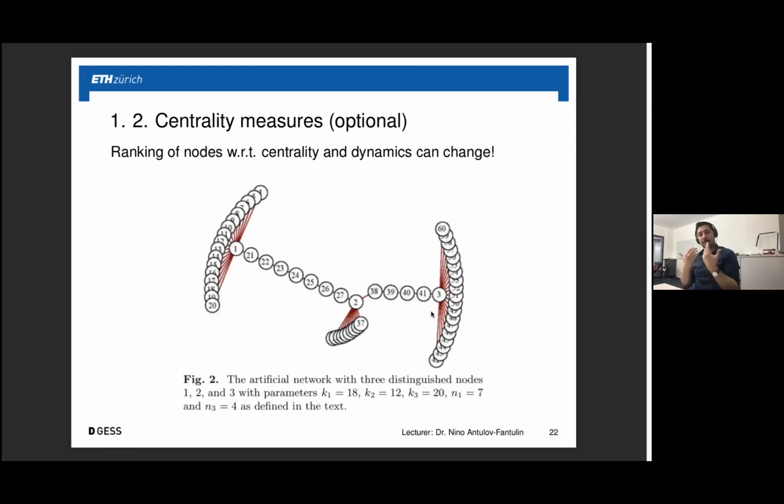This is for sure a synthetic example, but the point was to show you that rankings do not need to be fixed. Even if you have a centrality measure, if you change the parameters of your epidemic dynamics, the rankings can change.